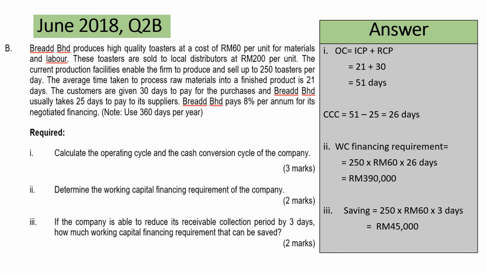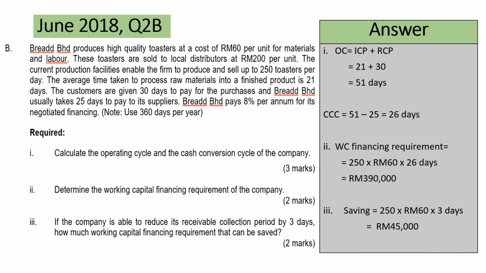Okay, let's do one more example. The Bread Berhad produced high-quality toasters at a cost of 60 ringgit per unit for materials and labor. These toasters are sold to local distributors at 200 per unit. The current production facilities enable the firm to produce and sell up to 250 toasters per day.